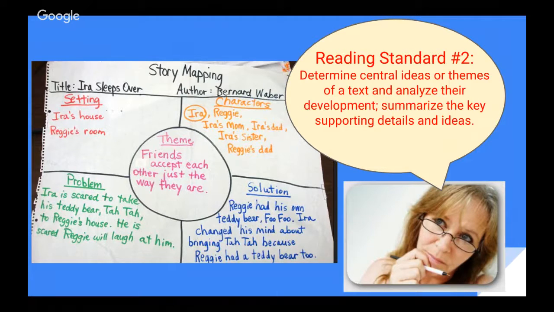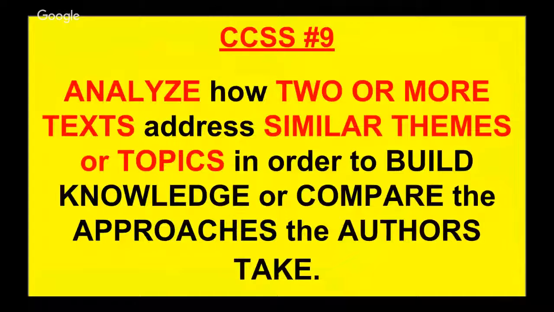Ira wants to sleep over at Reggie's house, but he's scared. He wants to take his teddy bear along, but he doesn't want to be laughed at. So the analysis of the development and the summary of the key ideas then is using that story grammar of the characters, the setting, the problems, the solution, the plot, to show how this theme was carried out.